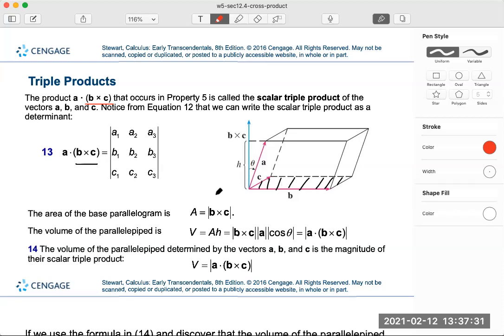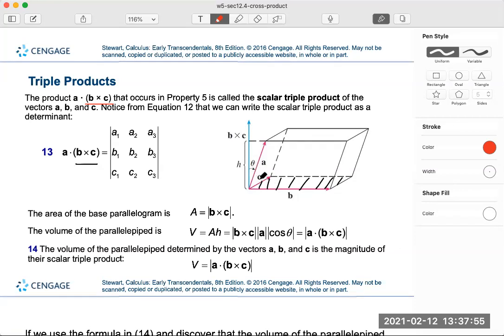Yes, the area of parallelogram here. And the result of B cross C will follow the right-hand formula rules. That is why the direction of this B cross C goes to this point, this direction. And this vector perpendicular to B and C, okay?